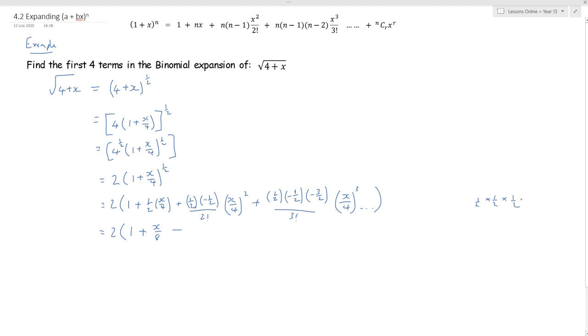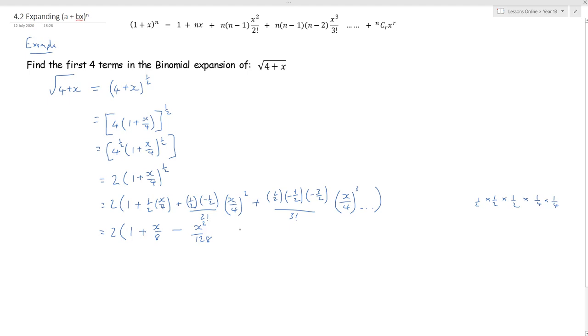And then we've got times a quarter squared. 4 times 4 is 16, times another 4 is 64, times 2 is 128. So x squared over 128.